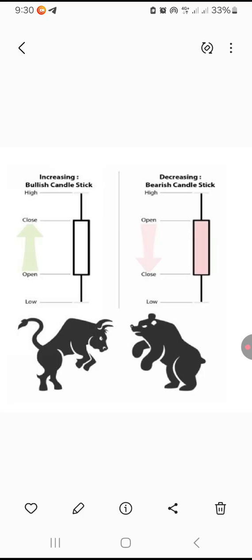It's like saying this car today started at 23,000 naira, but at the end of the day the price went up and closed at 28,000 or 30,000. That particular candle is bullish. So a bullish candle means that buyers were stronger.